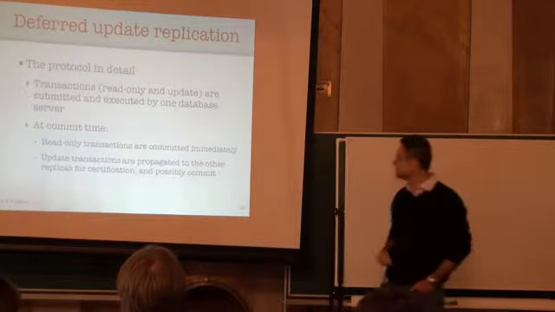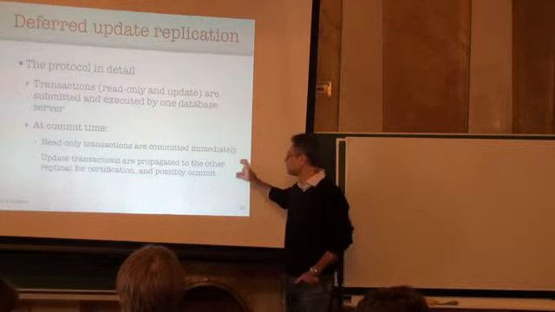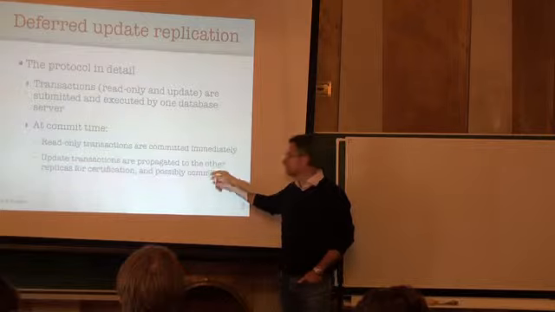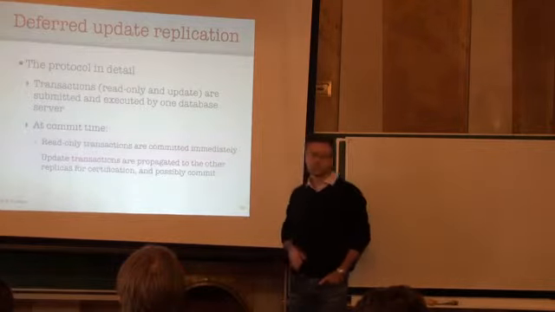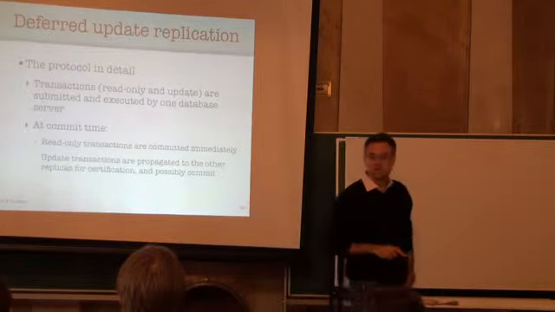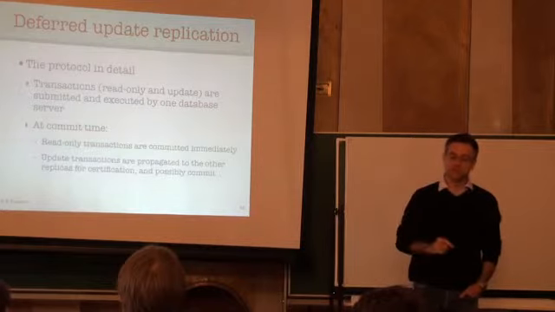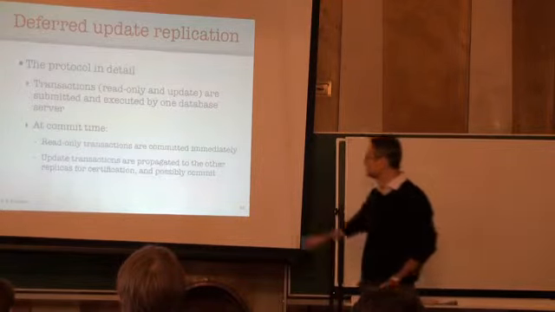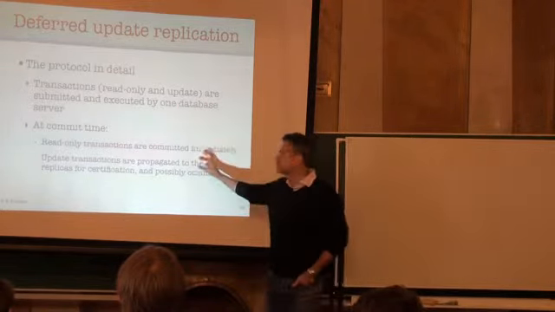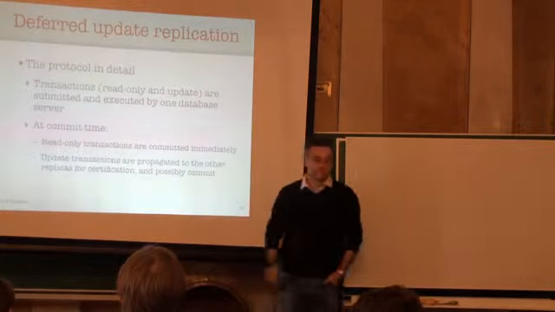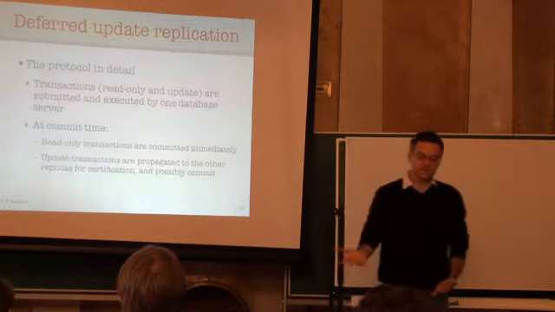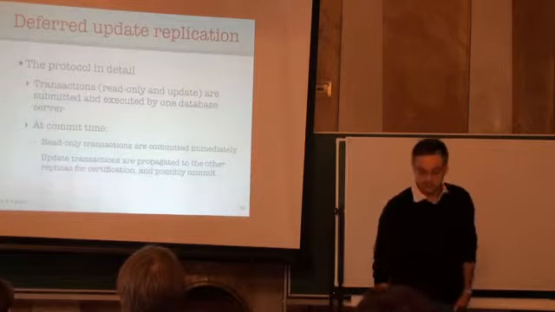But if it's an update transaction, then it should be propagated to the other replicas for certification. Certification is what we called before checking whether two states are compatible. This has a specific name in the context of databases, and it's called certification. And if the transaction passes certification, then it is committed.